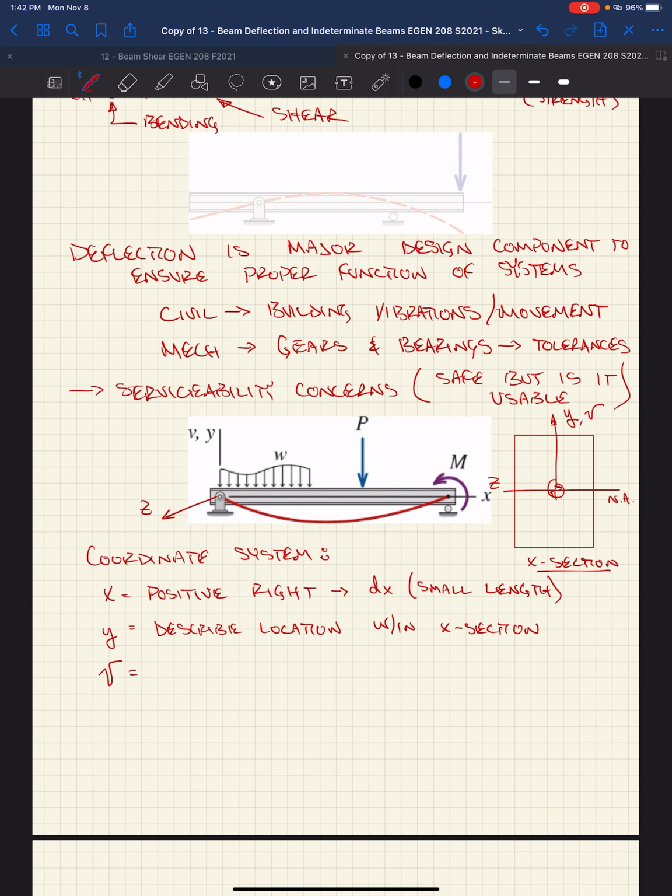Then we have this V, right? This is what we call our deflection coordinate. And this is really relating to what is the deflection of our neutral axis, right?